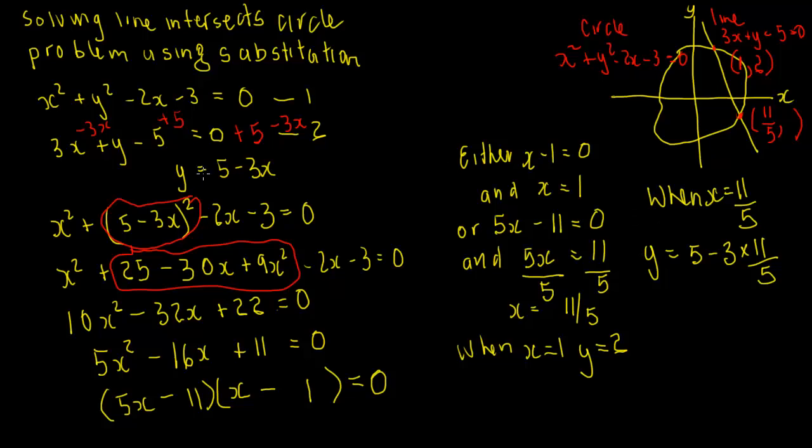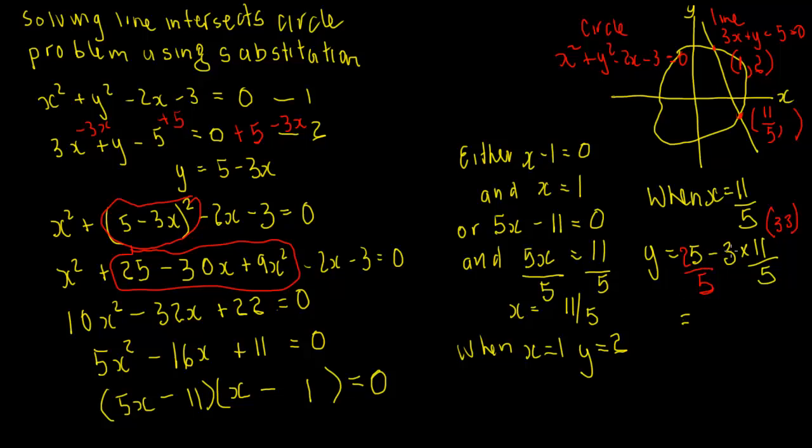Just to make this simple, I'll just use the red pen. 5 is actually 25 over 5, so that gives everything the same denominator, and so y would equal 25 over 5 minus 3 11s, which is 33.